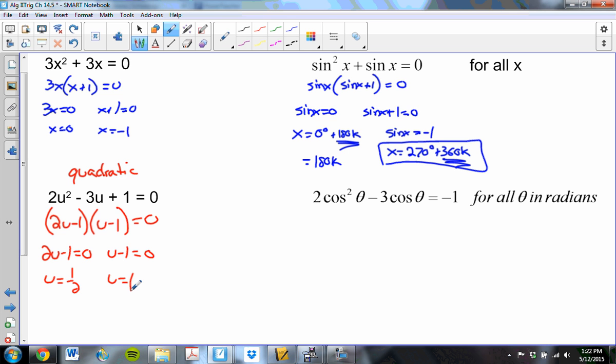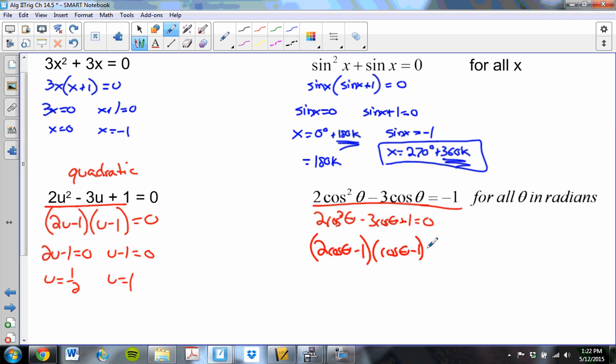I'll play the same game over here. I want this to be equal to 0. Factoring and the quadratic formula only work equal to 0. And it's going to factor the same exact way. It's basically the same problem. This structure here is the same as this structure here. So I'll have 2 cosine theta minus 1 and cosine theta minus 1 equals 0, and I solve both of these.